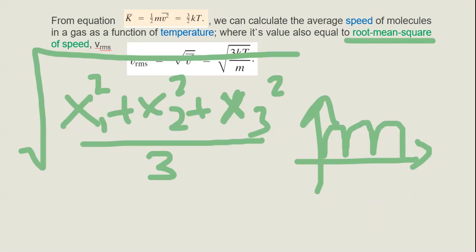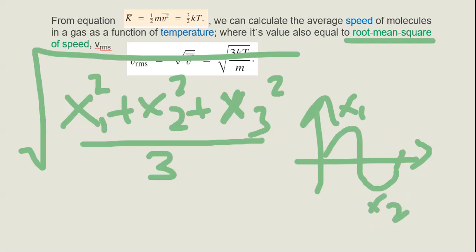You find your average by the same method. Let's use the same example as just now. Previously it was like that, x1 here, x2 here. We squared both numbers, so it will just happen like that.